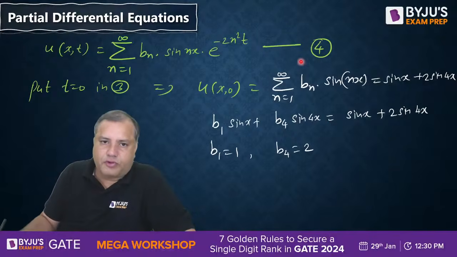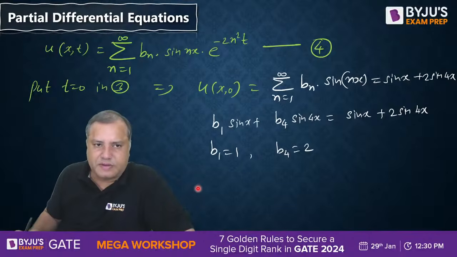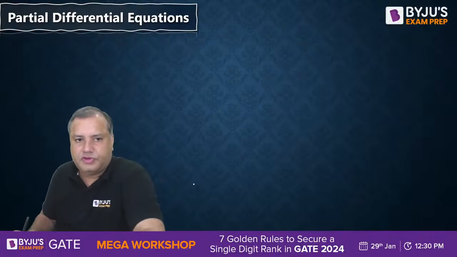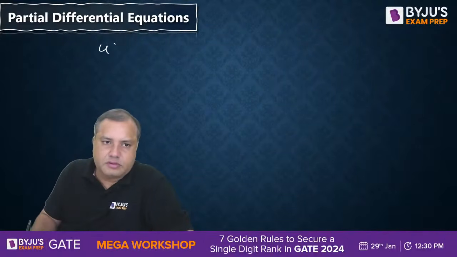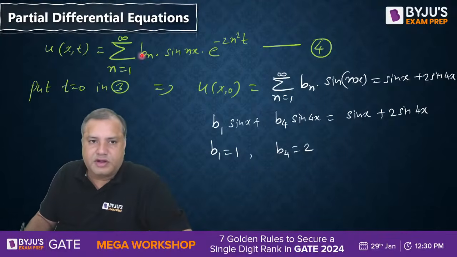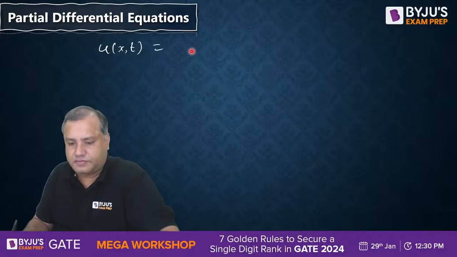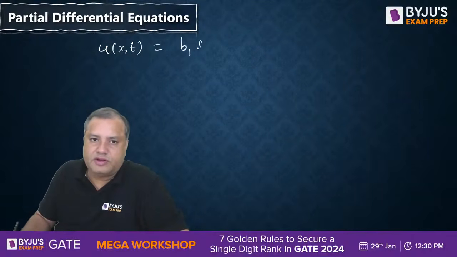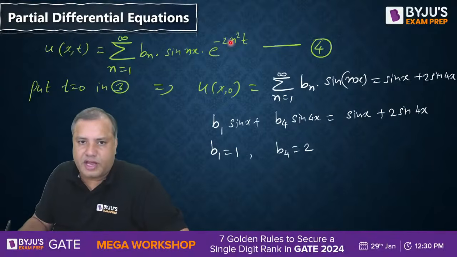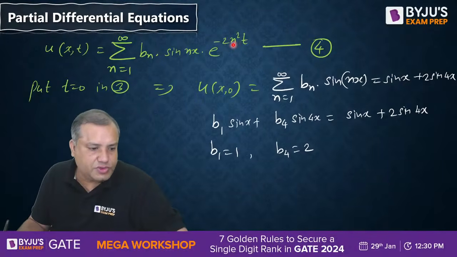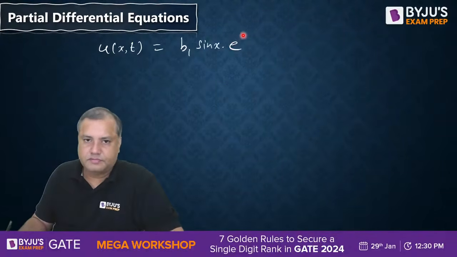Now equation 4 is giving me the final answer. u of x comma t: one term will be b1 sin x e to the power, put n equal to 1, e to the power minus 2t.